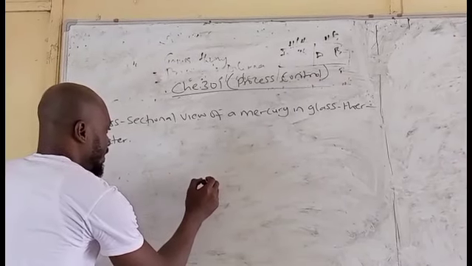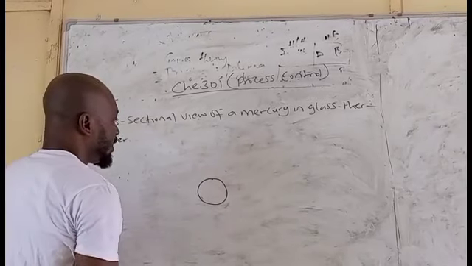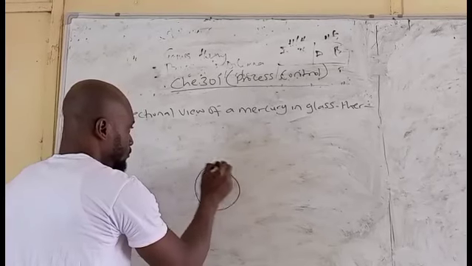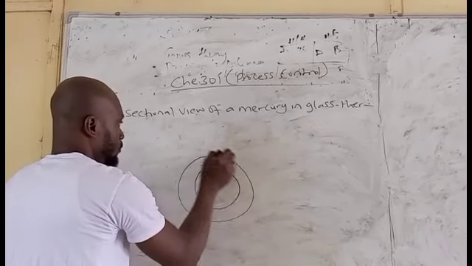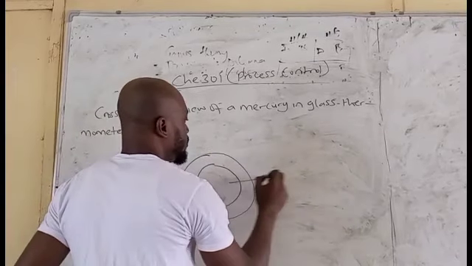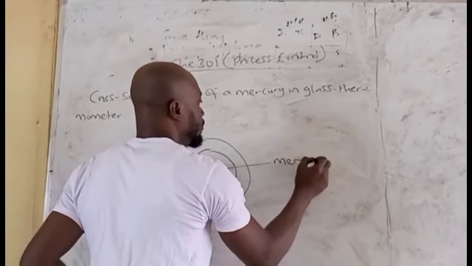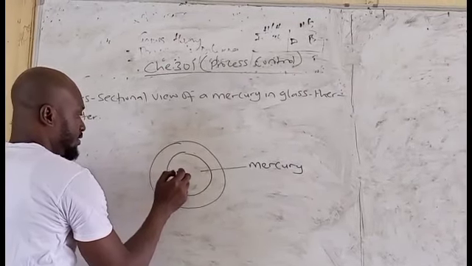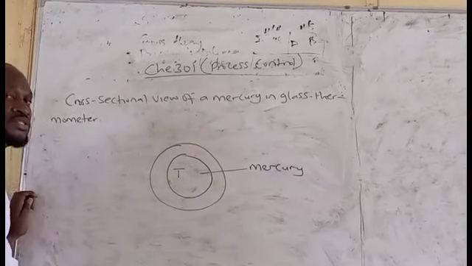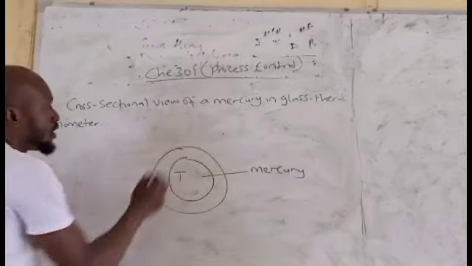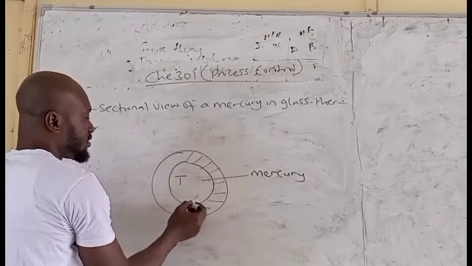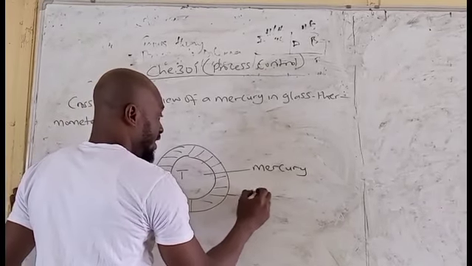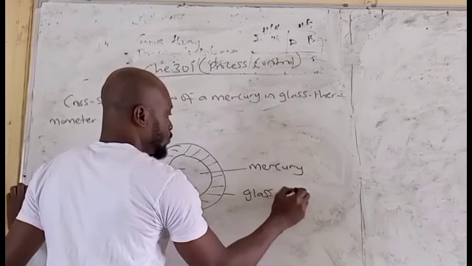Now let's see, this is the diagram. I have the mercury here in the thermometer. So I have this as the inner temperature. We have this dotted line. Let's say here is our glass wall. You have a glass wall.